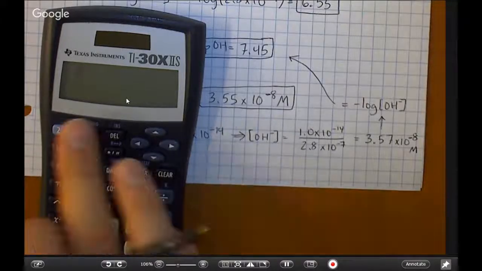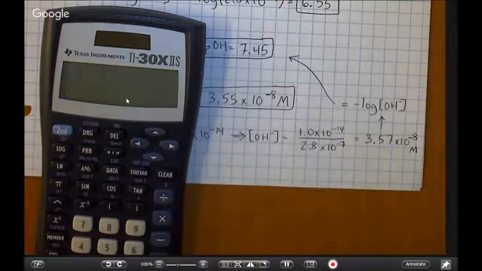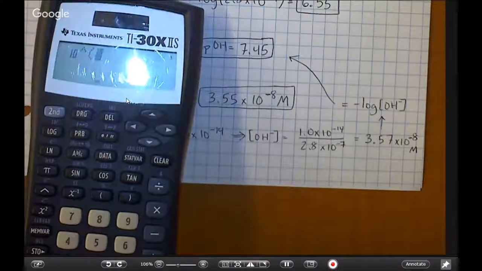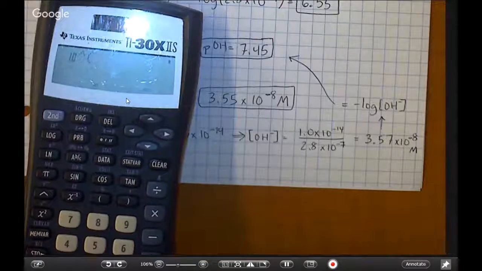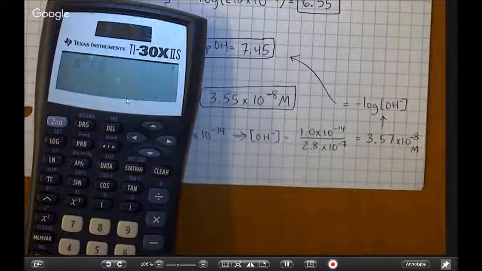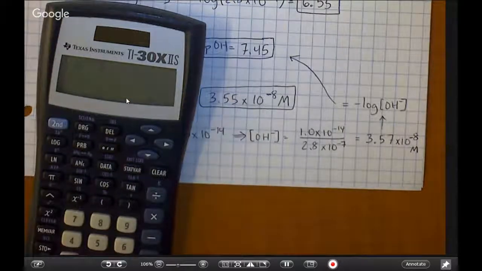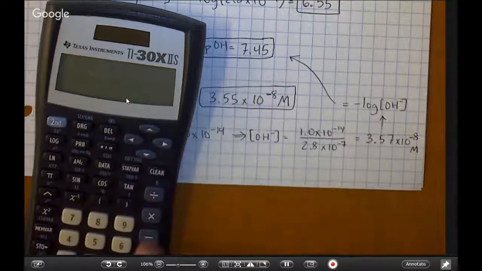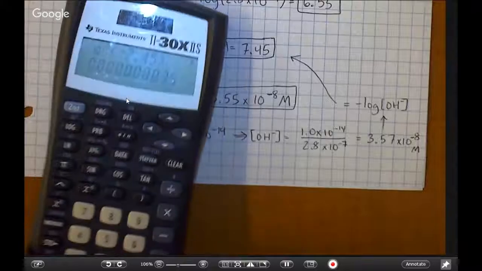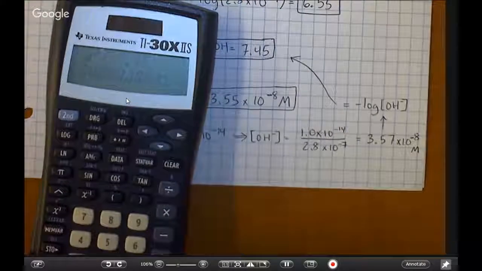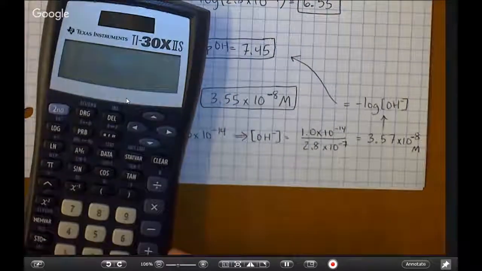So if you do second log, you see that's like 10 to the, and then just put in negative whatever your value is. So in this case, we would put in negative 7.45. And it comes out to that really small number. So I just switched it to scientific notation to get more precise.